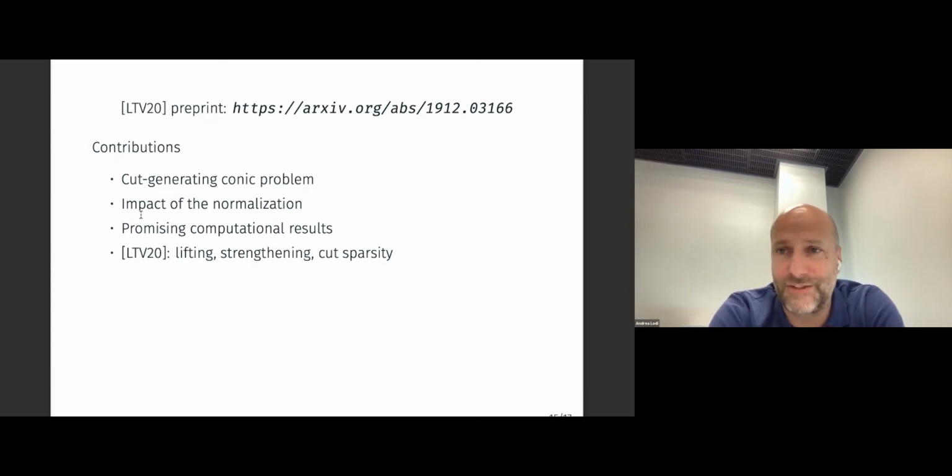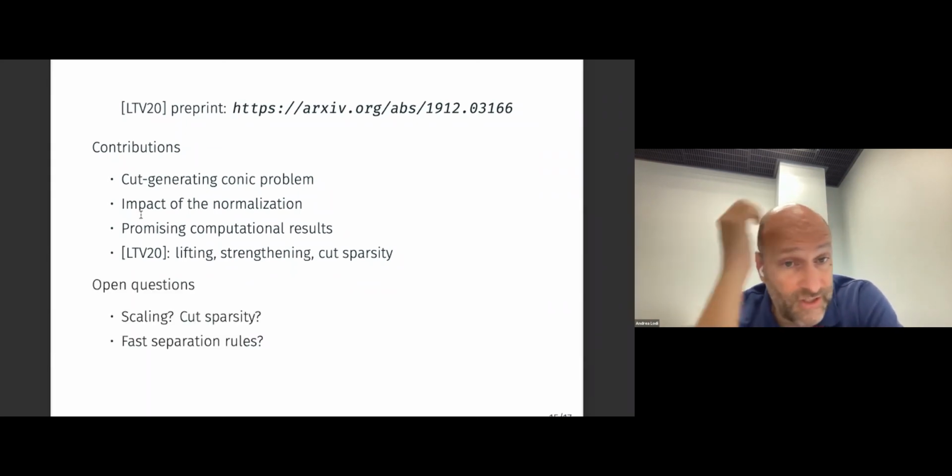Of course, it's not the end of the story, in the sense that we still have numerical difficulties on problems in which we have to use some special tricks to make it work. But overall, our takeaway is that the conic formulation is actually helping a lot in being able to deal with most of the numerical issues that you can find.